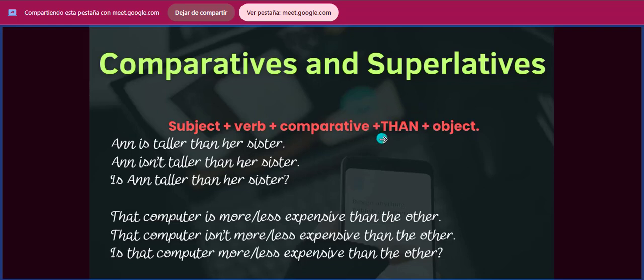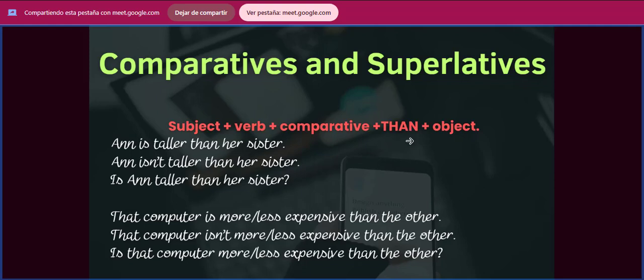This particle than that I included in capital letters corresponds to "que." Like when we are comparing two elements or two people or two objects, we will say something is more expensive than. Always we'll need than. Ese than corresponde a "que."